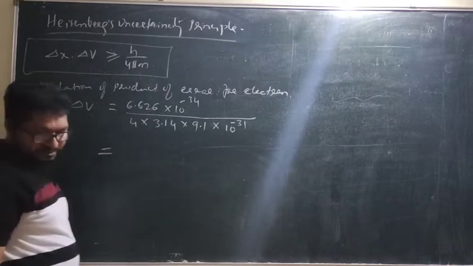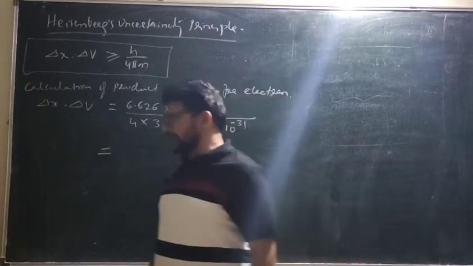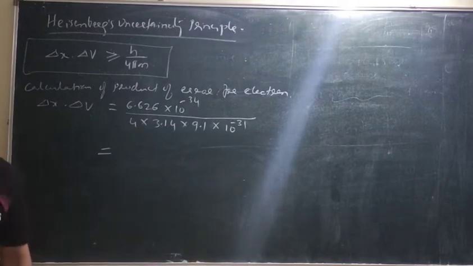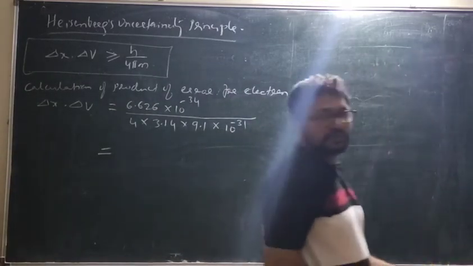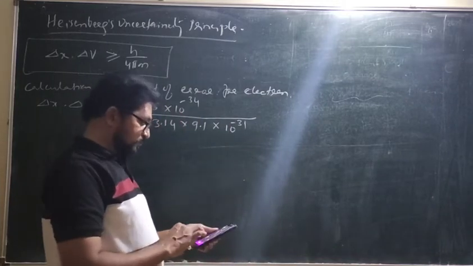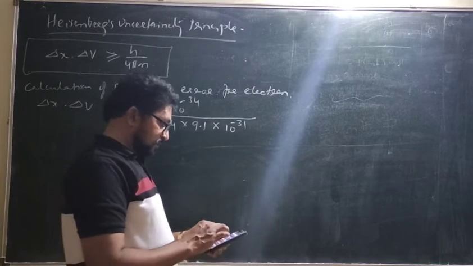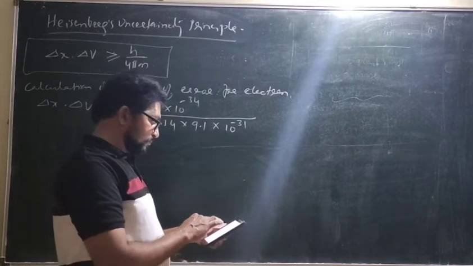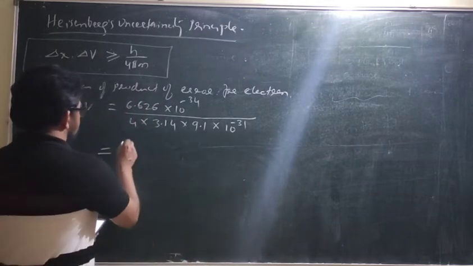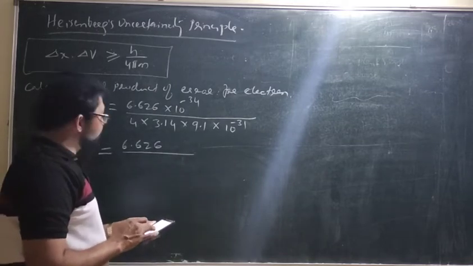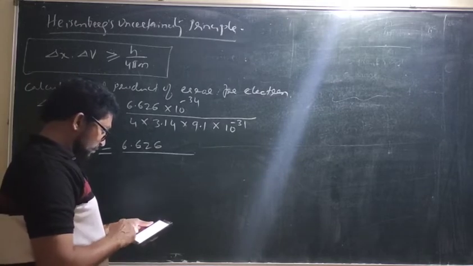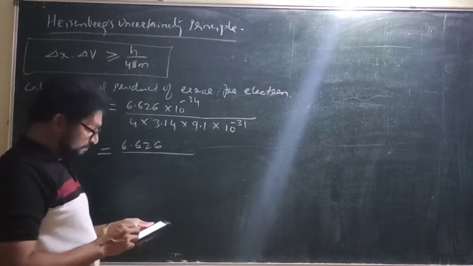So let us make use of the calculator and calculate this. 6.626 divided by 4 into pi.